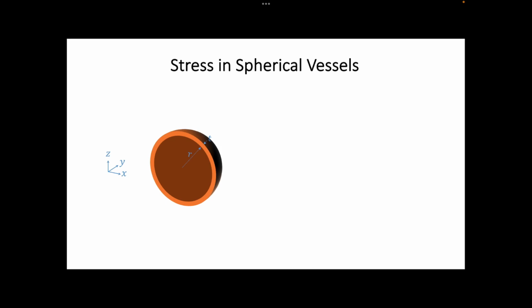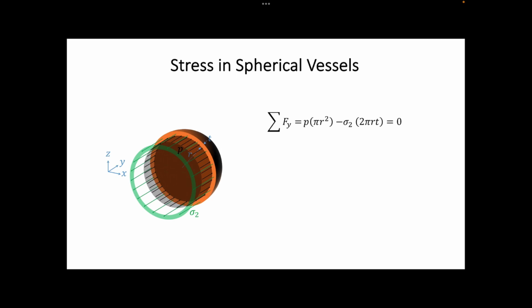Like we did with cylindrical vessels, if we consider the equilibrium of forces in the y direction, the first force is the result of the gauge pressure, and the second force is the result of the stress we need to find. From the equilibrium equation in the y direction, we can obtain the formula to find the stress.